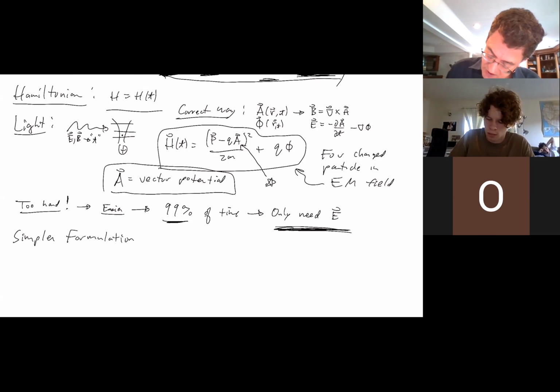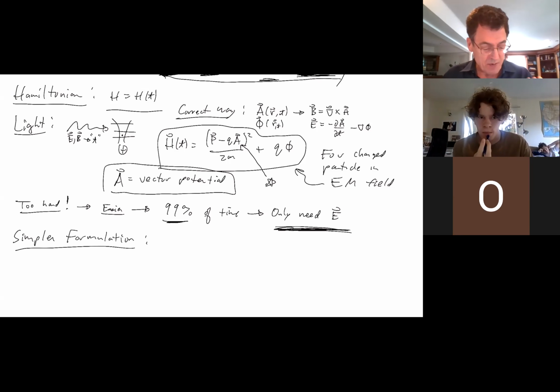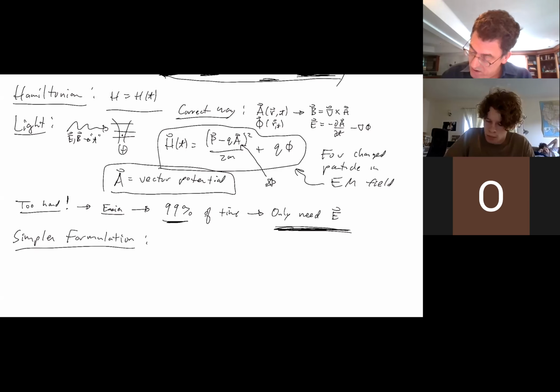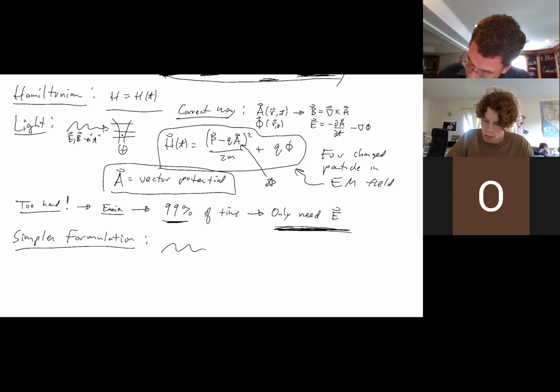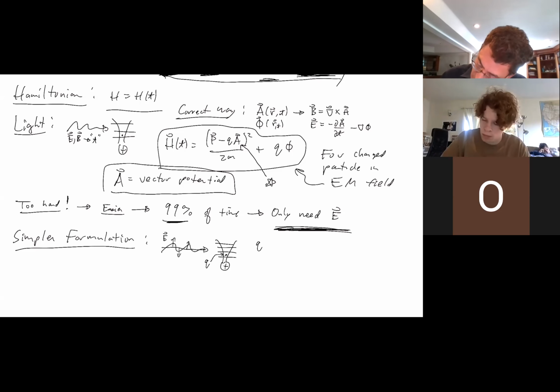The simpler formulation is that if I have an E field, an electromagnetic wave has an E field that's coming in, and I have my atom, and I have my charged particle, the electron, which is sitting in that atom, and the charged particle feels the electric field.